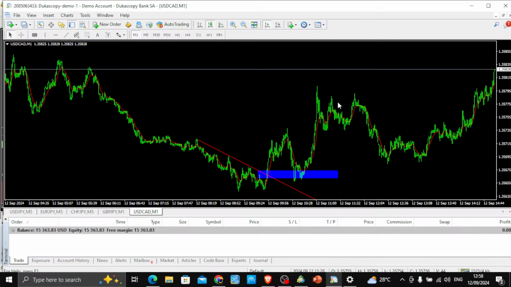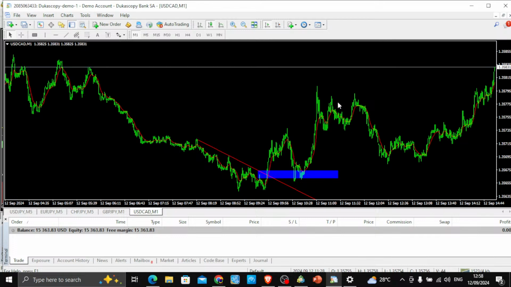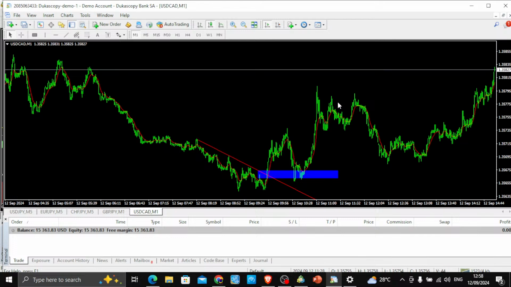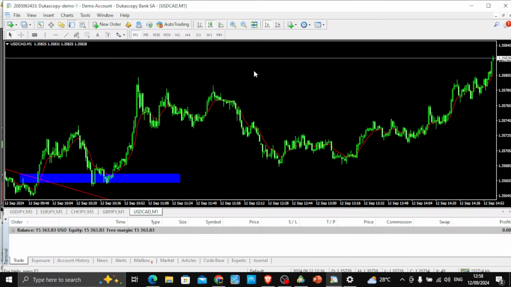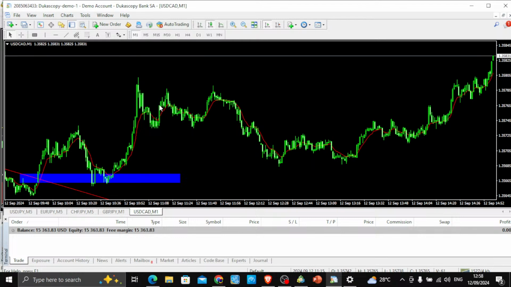So the market for now, there is no obvious agreement between the higher time frames and low time frames. Yes. So all the intraday time frames. Yes. This one now is making a higher high.